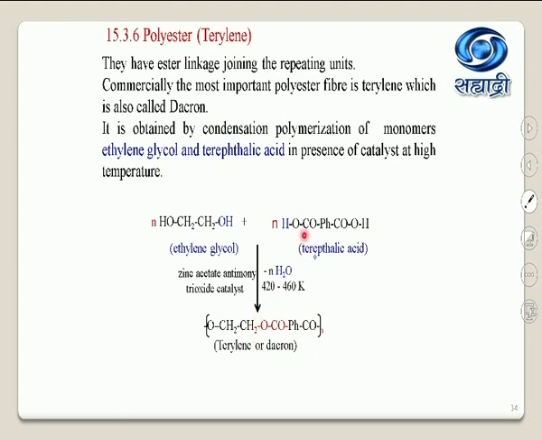Here in this terephthalic acid, Ph means benzene ring. So at para position, that is at 1,4 position, there are 2 carboxylic groups in terephthalic acid. So in this way, on condensation of ethylene glycol and terephthalic acid, it gives the polymer terylene or Dacron.